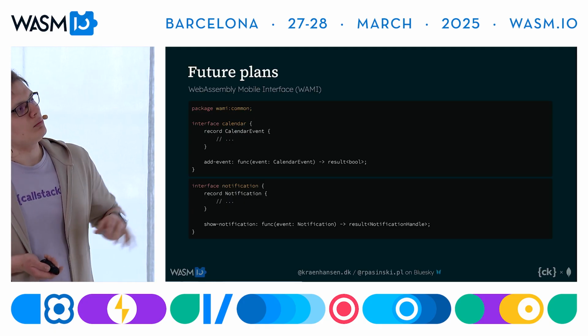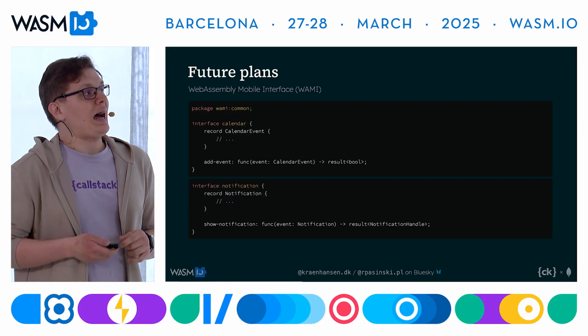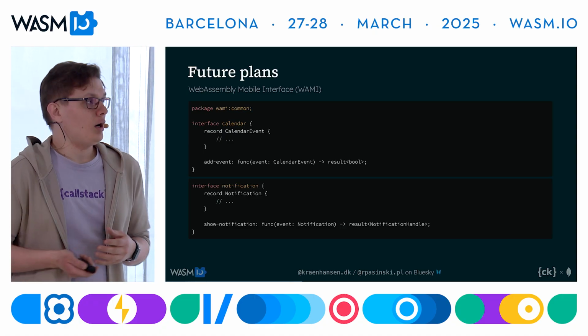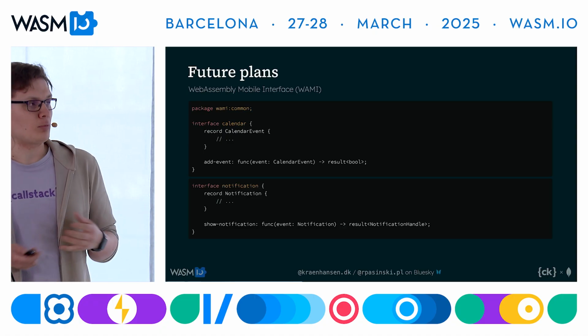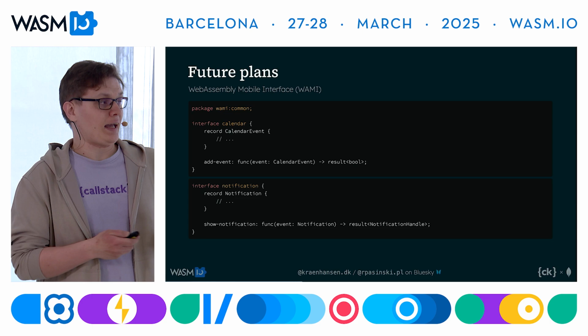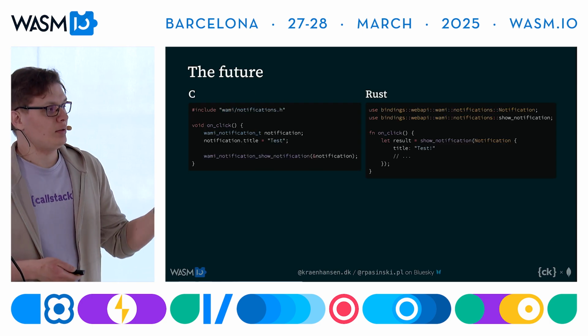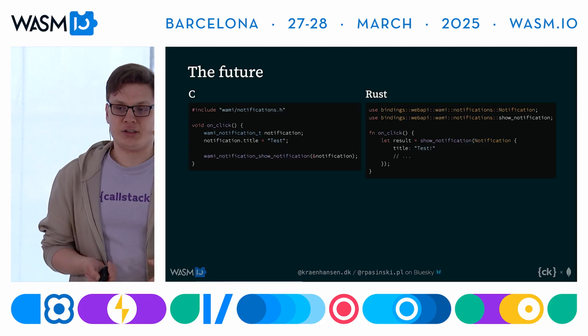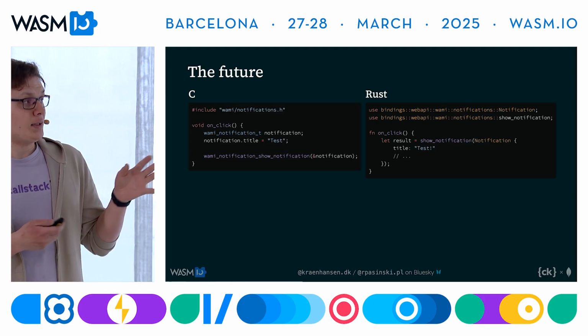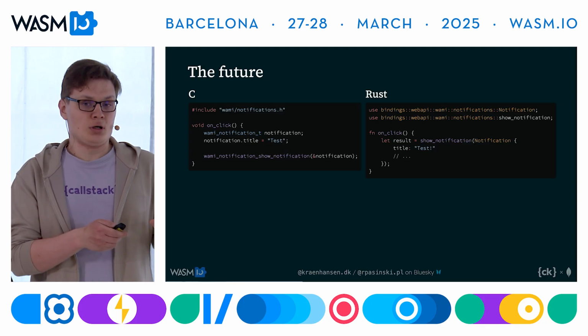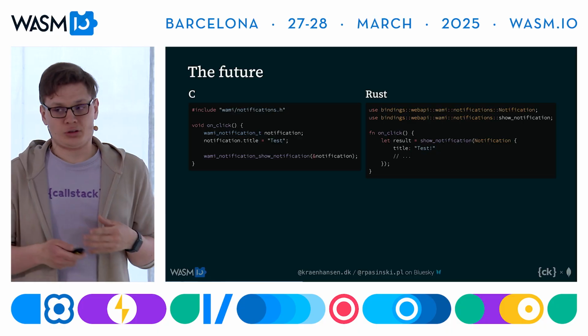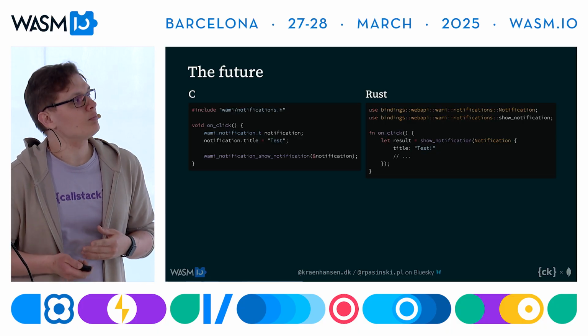This is a quick example of accessing the user's calendar so that it can be used from Go or Rust. Or as an alternative, you could use a notification service, so you can send a push notification from your module, and it should be doable both in the browser and on the native side, which brings us closer to universal apps.